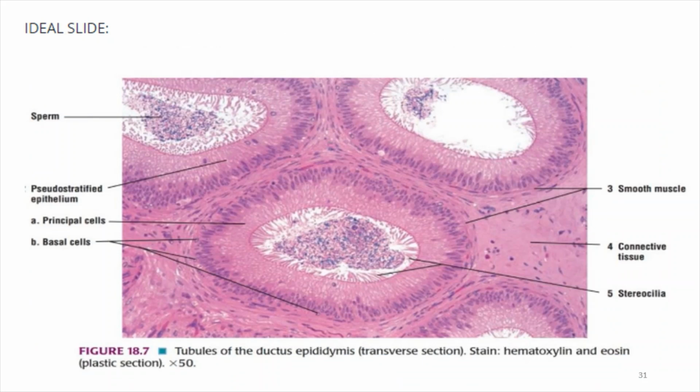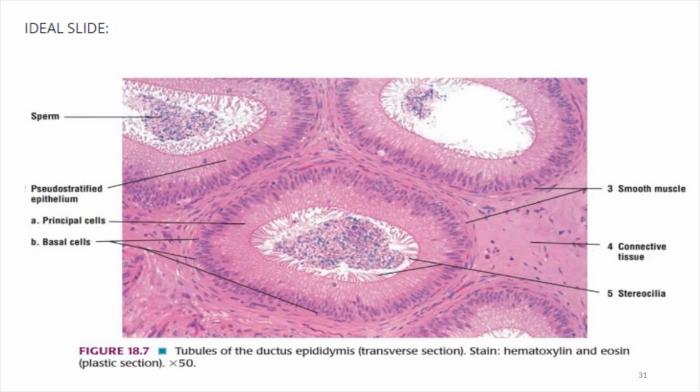This is the pseudostratified columnar epithelia that is found in the epididymis. What you are able to see here, these dark things here, these are the nuclei. They're pseudostratified, and the cells have these projections here that are called the stereocilia.